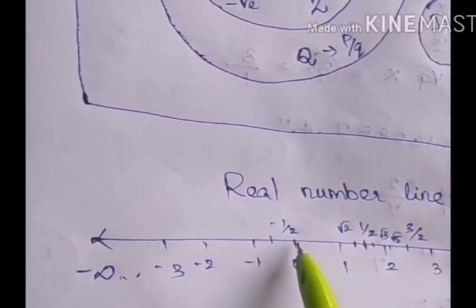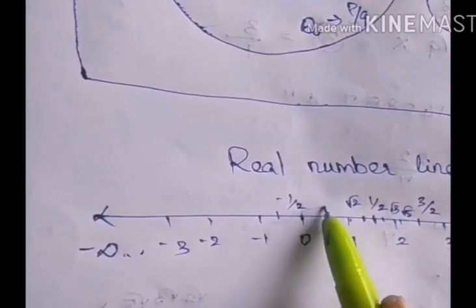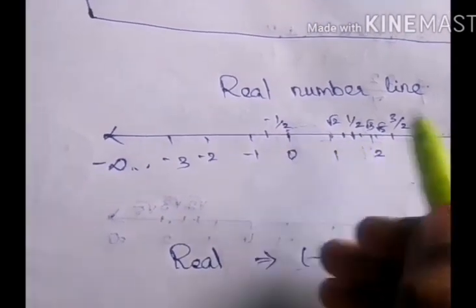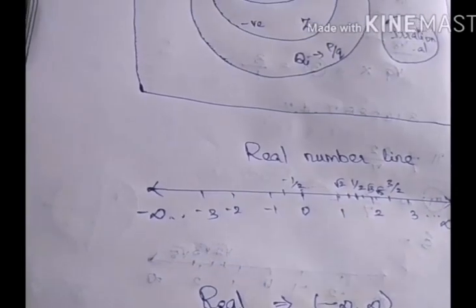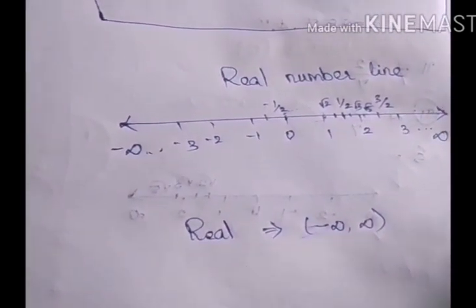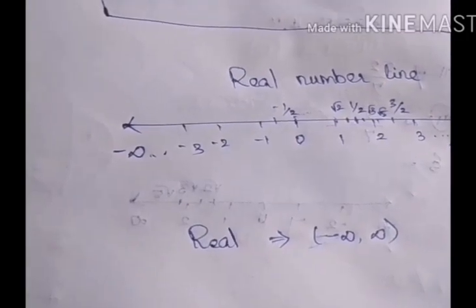Okay, between 0 and 1 we have infinite numbers which are rational and irrational. These are real numbers. Next we will be seeing complex numbers, which are imaginary numbers.